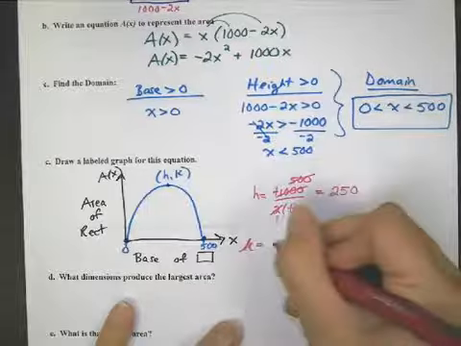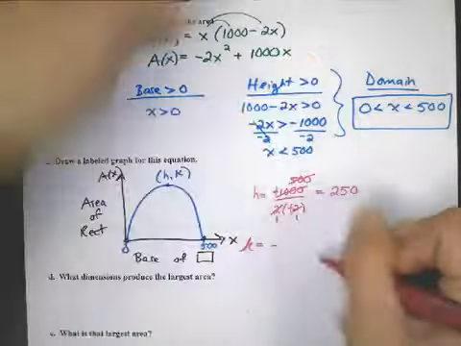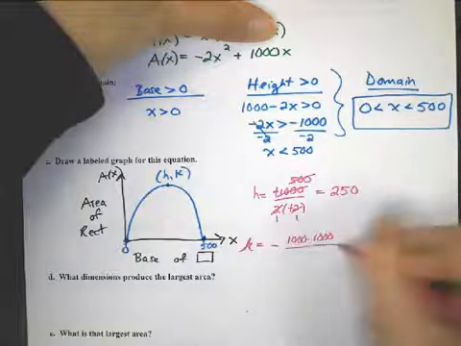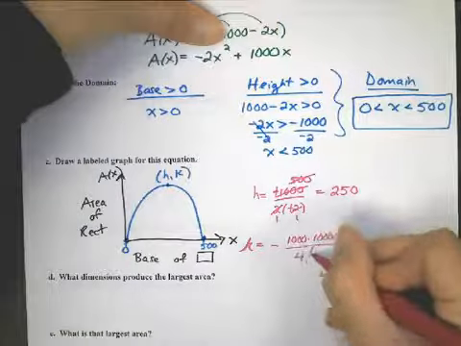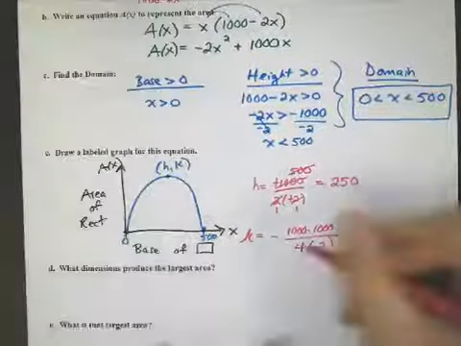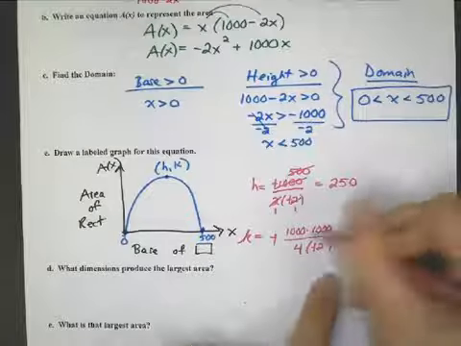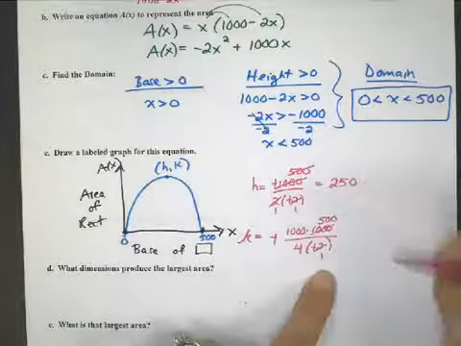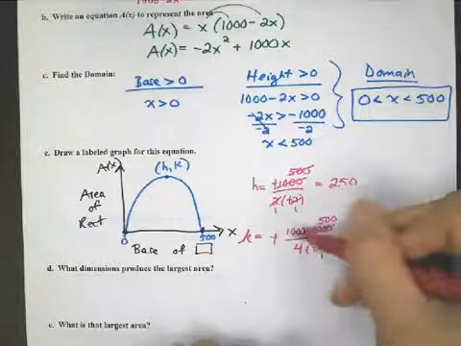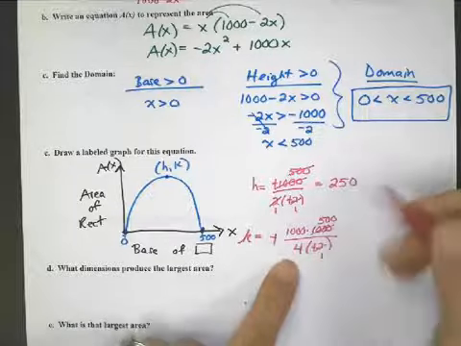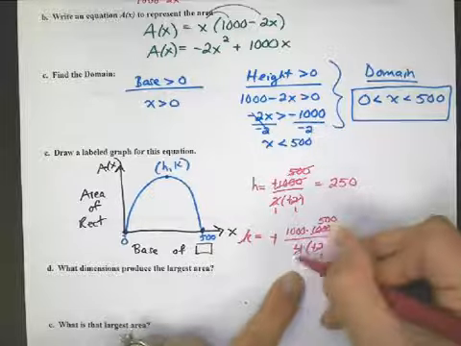K is 0 for C, minus 1,000 times 1,000 divided by 4A, which is 4 times negative 2. So the first thing I always try to cancel are the negatives. 1,000 divided by 2 is 500. Now remember what I said, try to leave the 1,000 alone because it's really easy to multiply by. Keep messing up the other number. I'll cancel by 2 again.